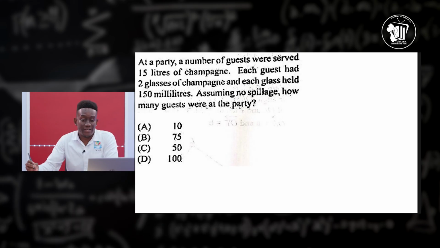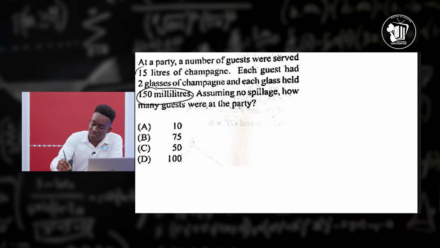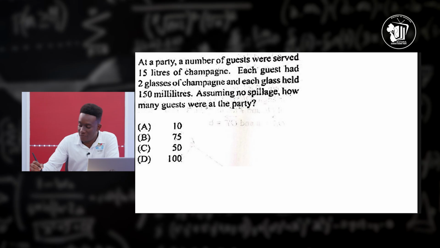First of all, let's find how much champagne we had in total. Let's make sure all the units are the same. We have 15 liters, so let's see how many milliliters this would be. We can use the same mnemonic, but instead of meters, we'll have liters.